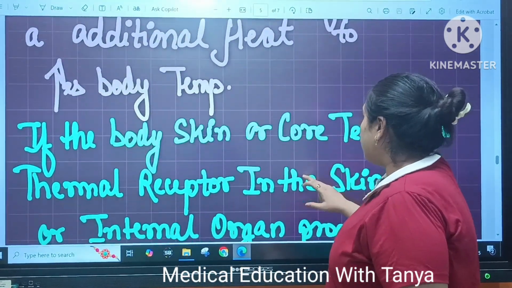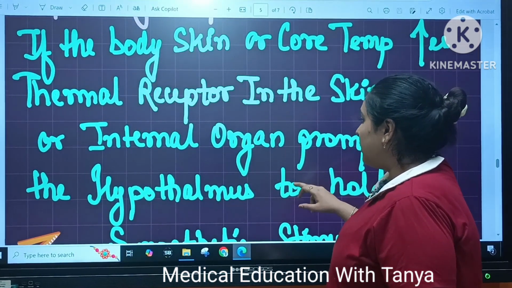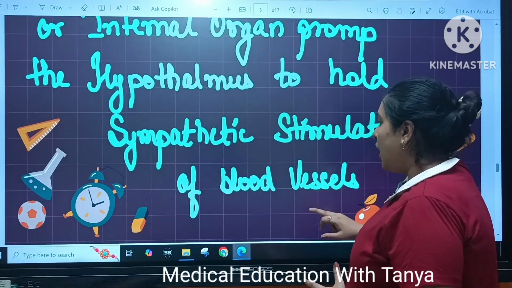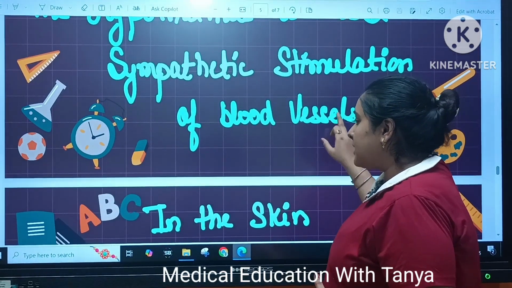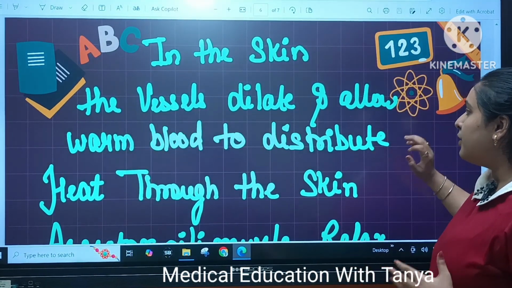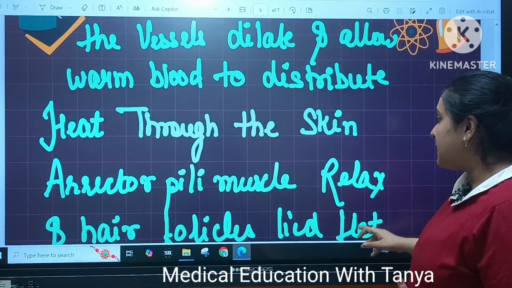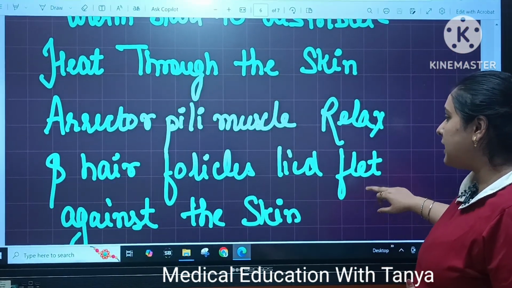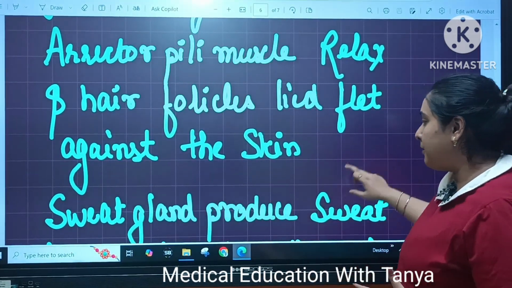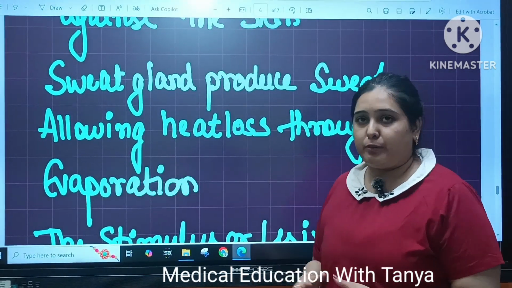When the body skin or core temperature increases, the thermal receptors in the skin or internal organs prompt the hypothalamus toward sympathetic stimulation of the blood vessels. So in the skin, the vessels dilate and allow warm blood to distribute heat through the skin. The arrector pili muscles relax, the hair follicles lie flat against the skin, as I already told you, and the sweat glands produce sweat, allowing heat loss through evaporation.